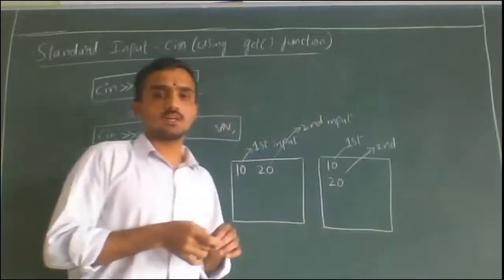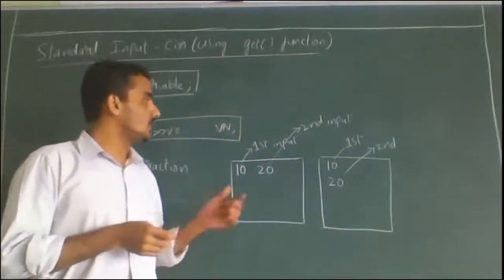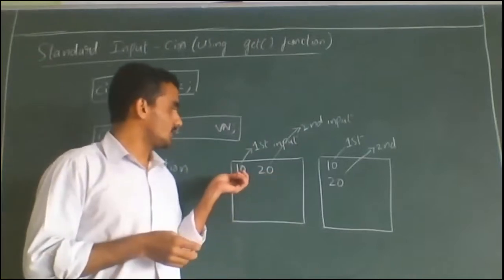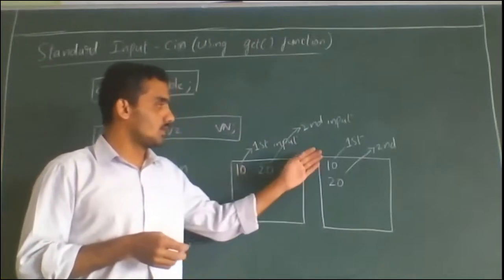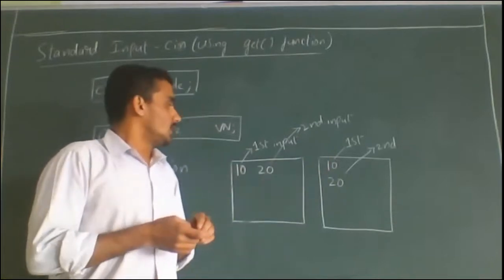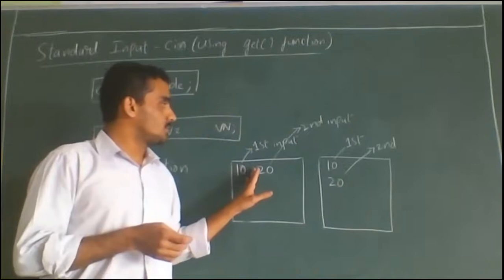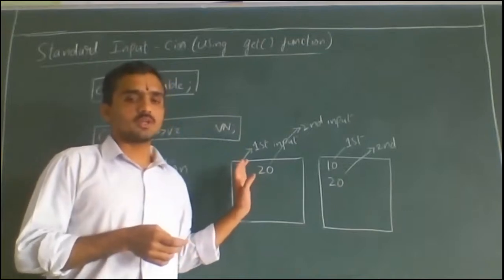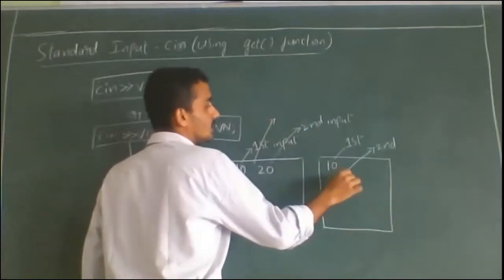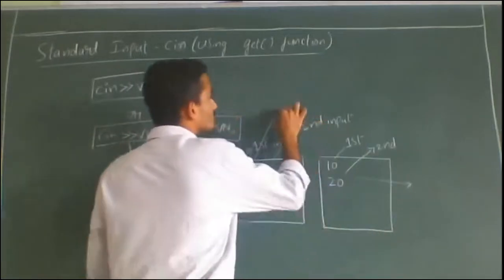So from this, what we can understand is that whenever we input more than one value, either you can say 10 space 20 or 10 enter key and then 20. Now, if I want to store this blank space in computer memory, that is possible, because if you type the space bar or the enter key, both are characters only.